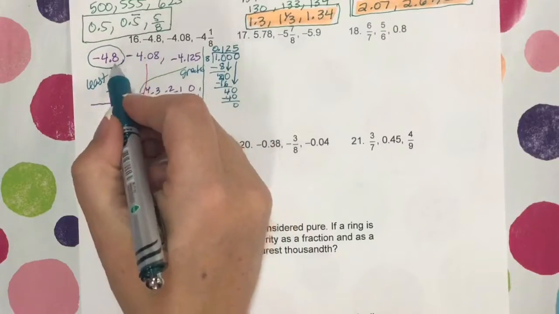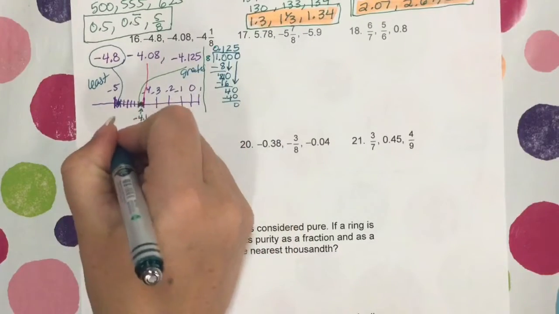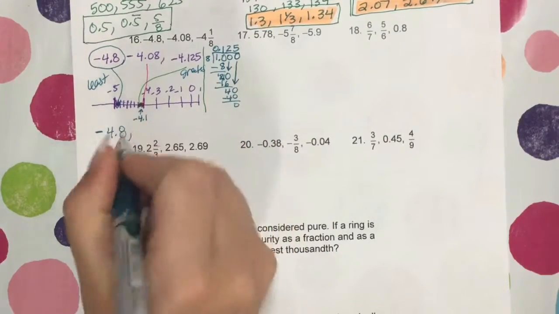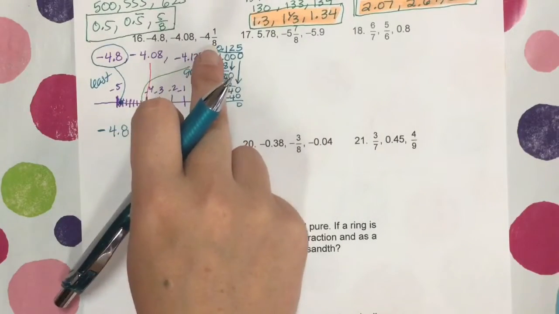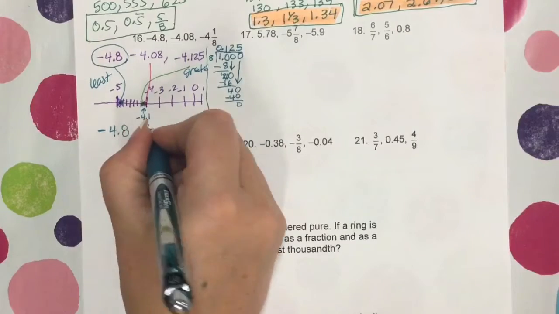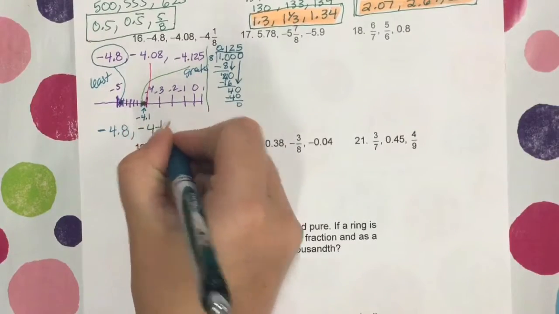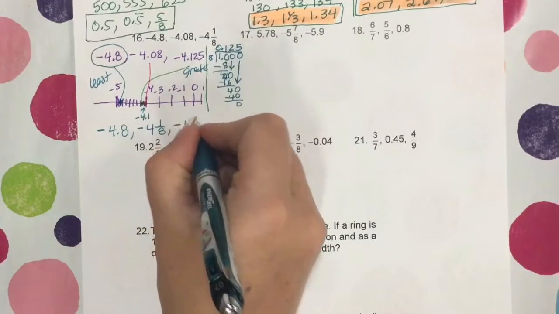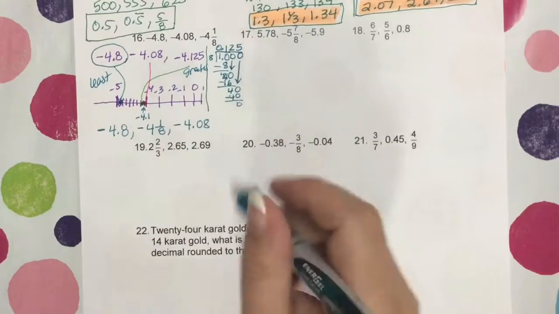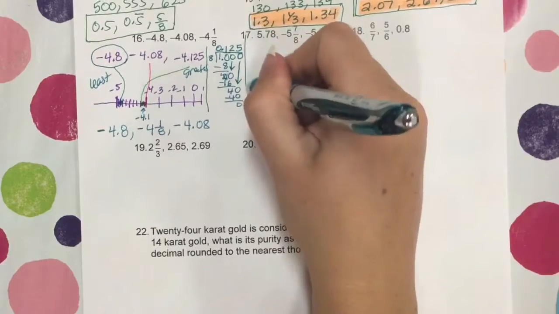So we're going to have negative 4.8, that's the least, and then negative 4.125, which is the same thing as negative 4 1/8, and then the greatest one in this group would be negative 4.08. All right. So that's number 16.